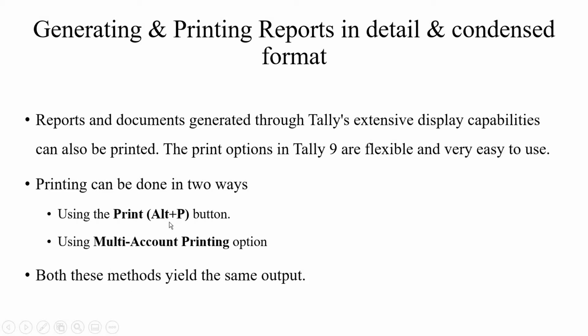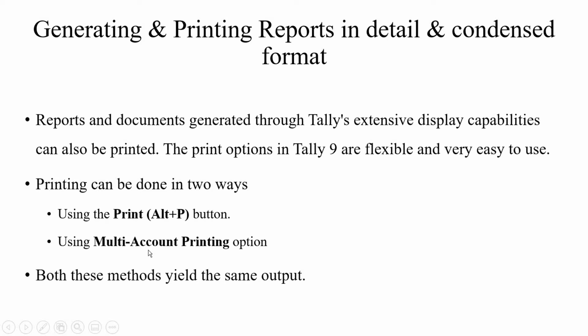In case of the first option, that is Alt plus P, once we press this particular shortcut key, this will provide new button bar options on the right hand side of the window and later the print configuration.